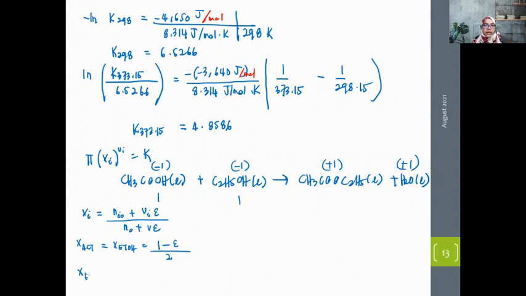So for the ethyl acetate equal to the water, and the initial is not given, so the reaction coordinate over 2. So insert this expression into this equation. So we have product over reactant.